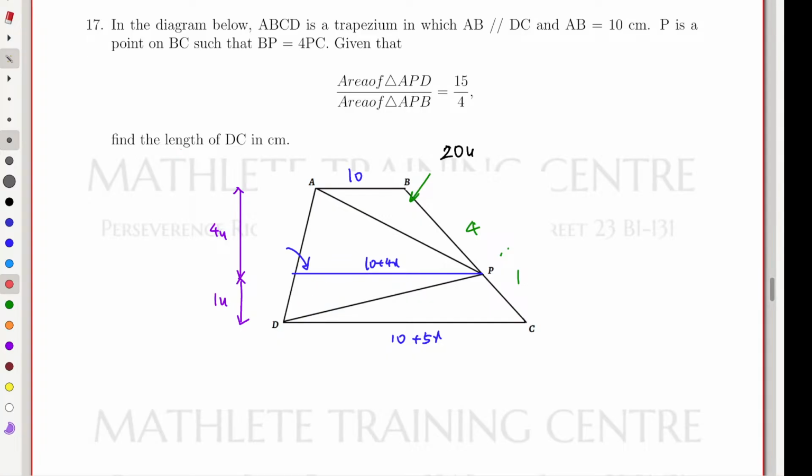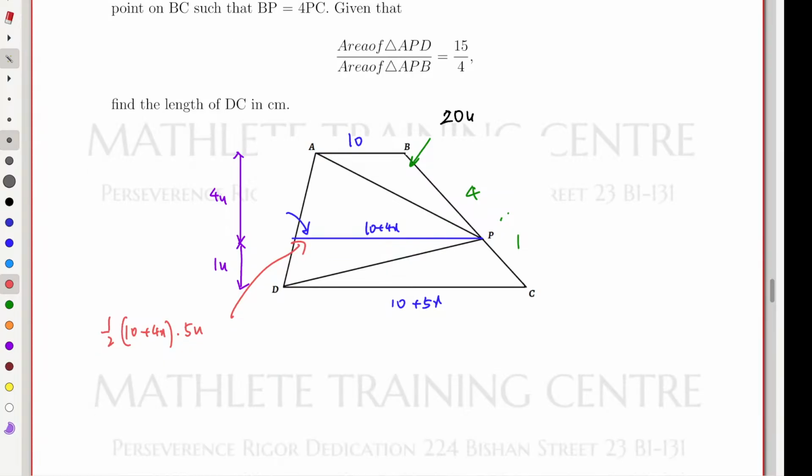So the area of this part here is going to be half times 10 plus 4x times the height of 5 units. So this is what we have. This will be equal to 2.5 units times 10 plus 4x. So that's going to be 25 units plus 10 units times x.